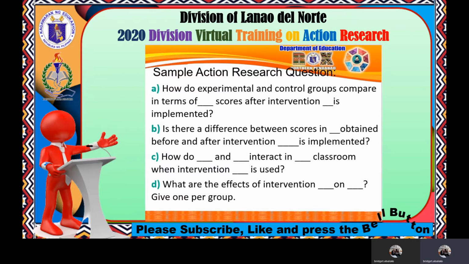Third, how do blank and blank interact in the classroom when intervention blank is used? Fourth, what are the effects of intervention blank on blank after the intervention is given? Okay, each one of you will answer these sample questions. I will give you 5 minutes to answer them.